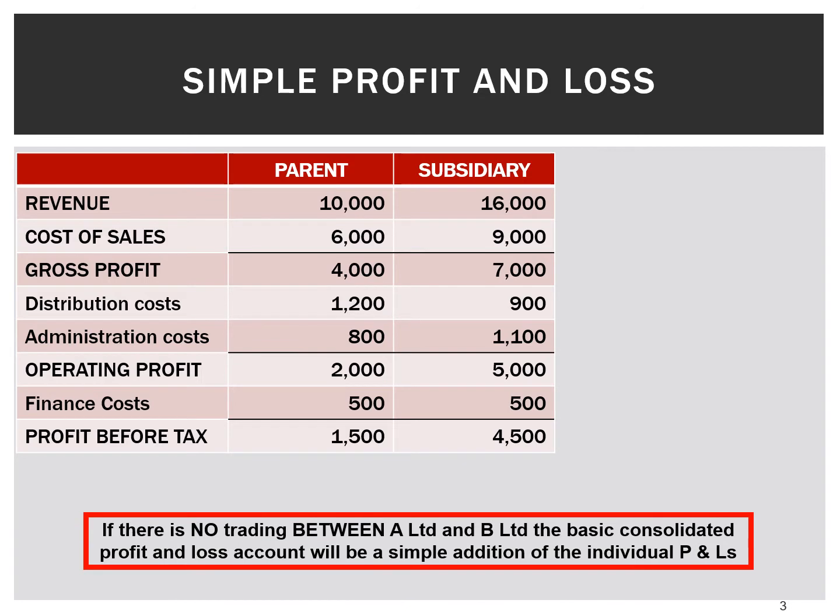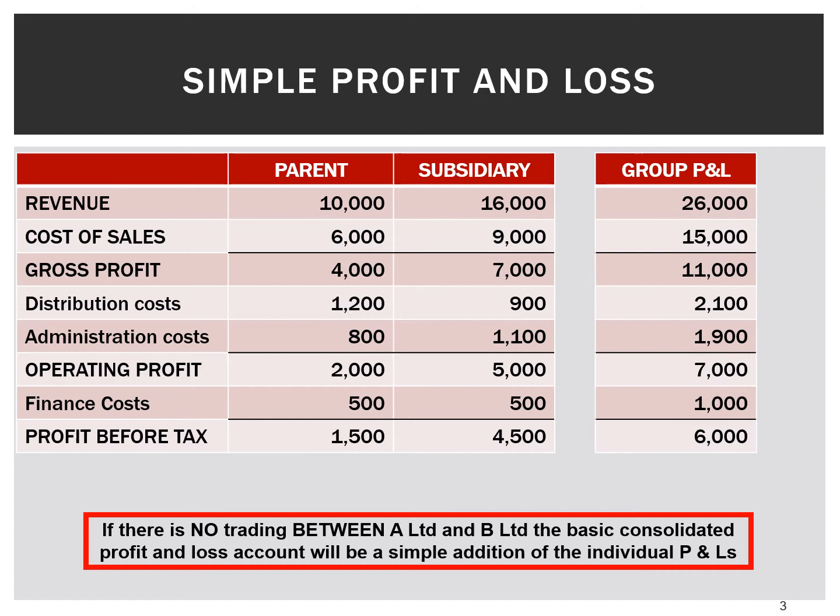Now, if there is no trading between those two companies, if the parent doesn't sell goods to the subsidiary or vice versa, if there are no intercompany transactions, then the profit and loss account really is as simple as just adding the two sets of figures together, and that would give us the group profit and loss account. It will rarely be that simple, but that's basically what we're doing.